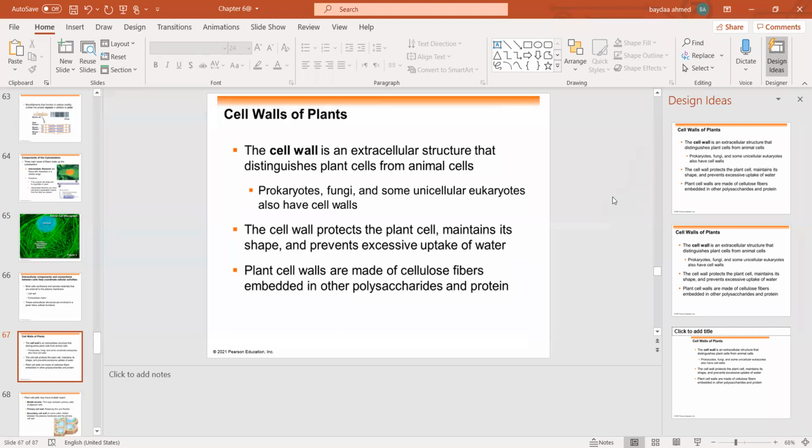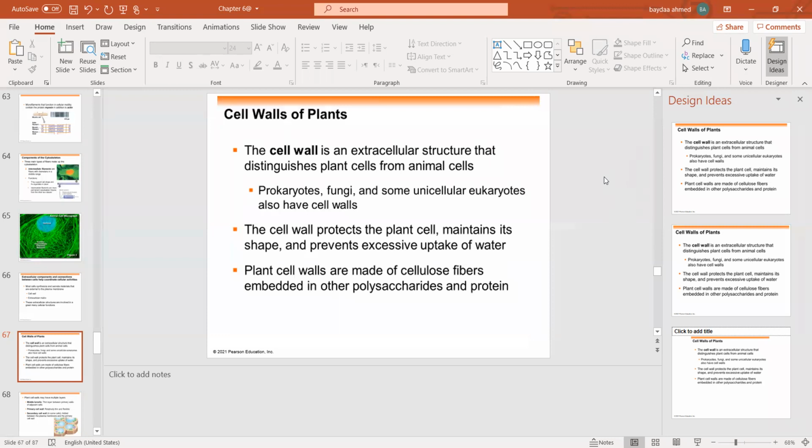In plants, we have the cell wall outside the plasma membrane, and the cell wall is an extracellular structure of plant cells. This is one of the features that distinguishes plant cells from animal cells. The wall protects the plant cell, maintains its shape, and prevents excessive uptake of water.